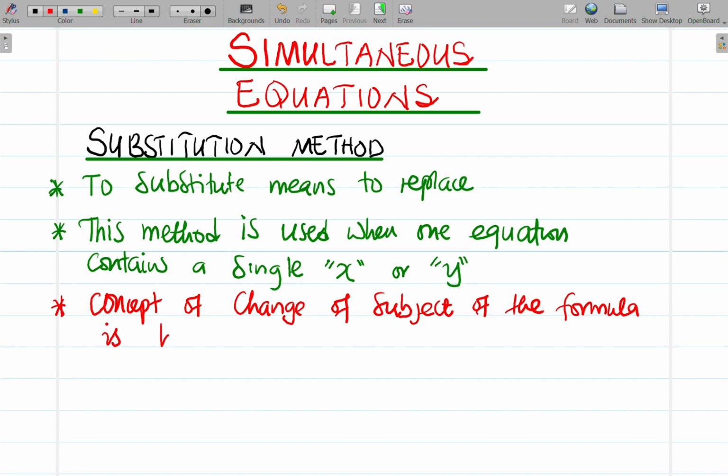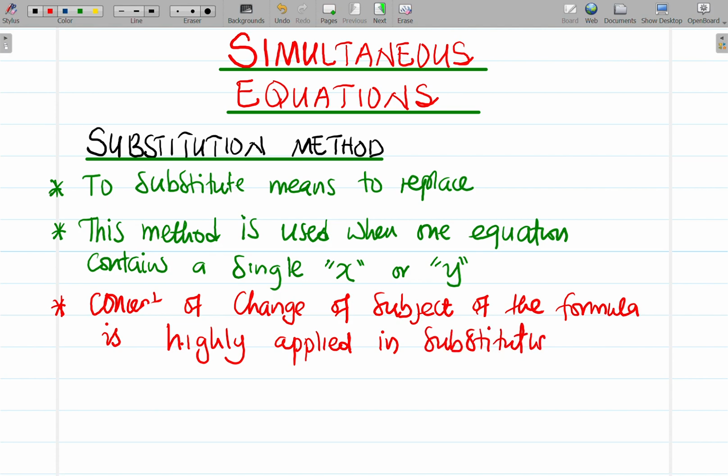It is highly applied here in the substitution method.